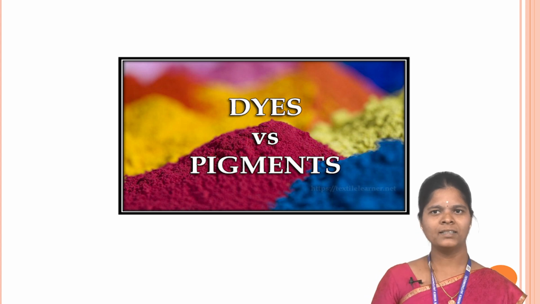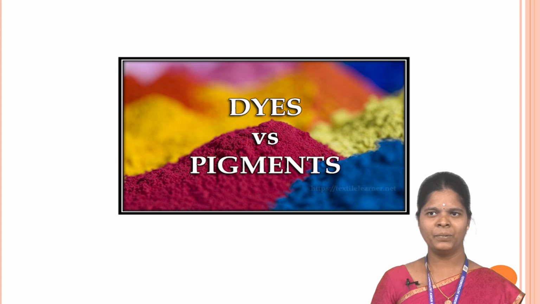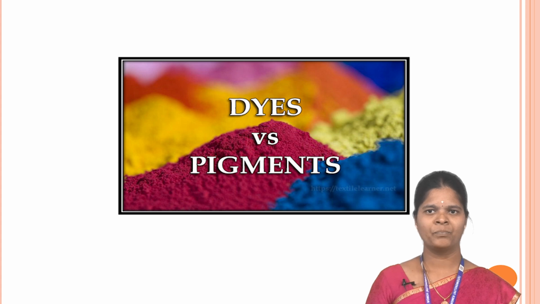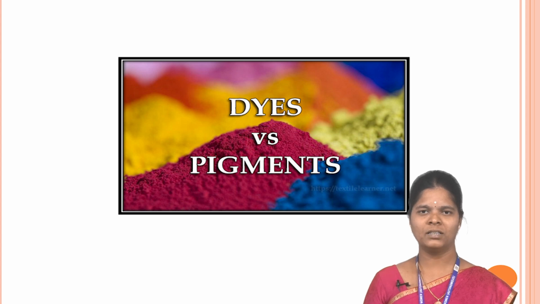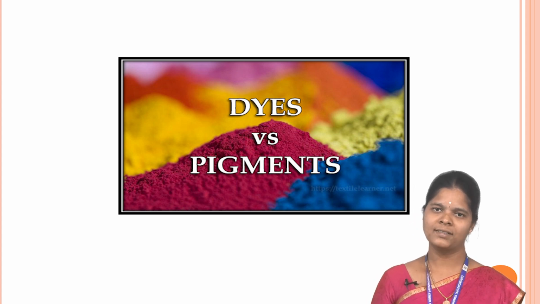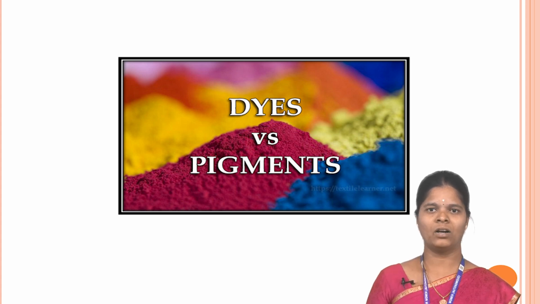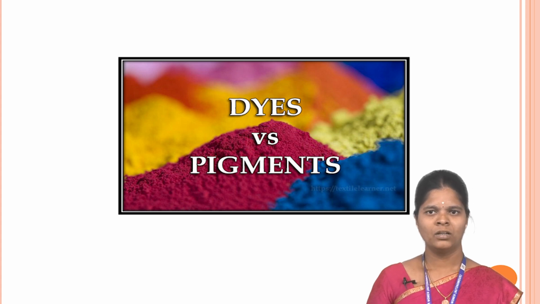Auxochrome groups are present in dyes, but absent in pigments. Most dyes are organic compounds and most pigments are inorganic compounds. Dyes are costly, while pigments are cheap.